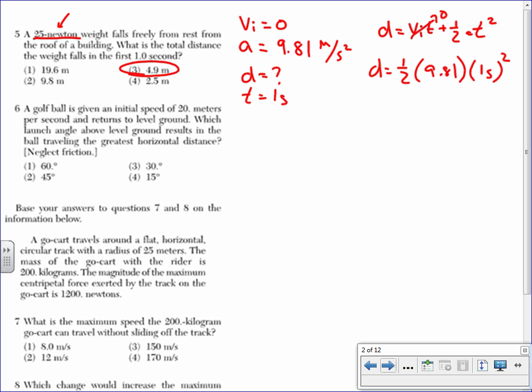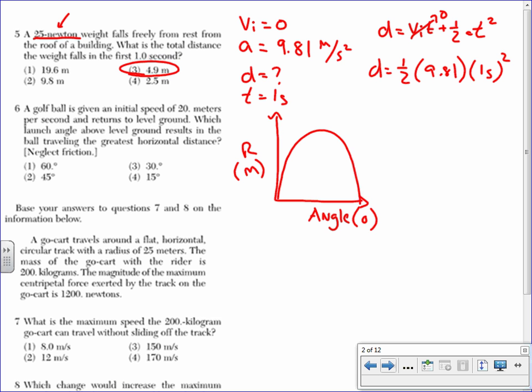Number 6, we have a golf ball given an initial speed of 20 meters per second that returns to ground level. So which launch angle above the ground level results in the ball traveling the greatest horizontal distance? So we did a lab with the marble launchers, and we looked at range, which is the horizontal distance, versus angle. You remember, we got a graph that looked like that, where the maximum range happened at 45 degrees.